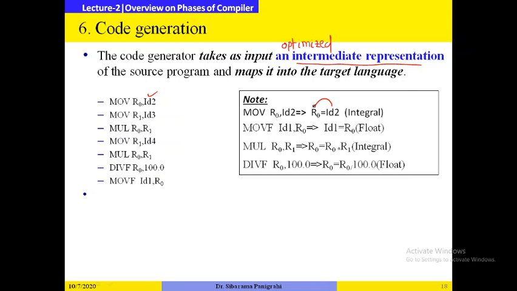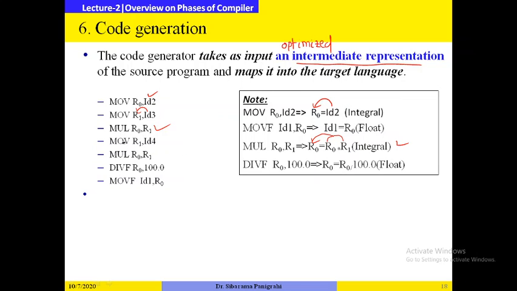ID2 will be transferred to the register R0, and this is an integral operation because we have assumed that ID1, ID2 and ID3 are integers, whereas 100 is a float, and SI, simple interest, is also a float. Then we have transferred ID3 into R1, then we do the operation MUL R0, R1. It will multiply R0 and R1 and store the value in R0.